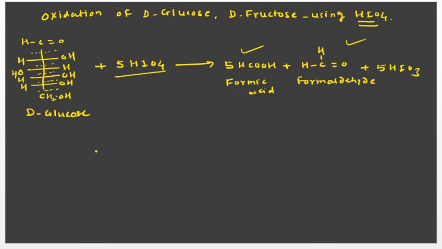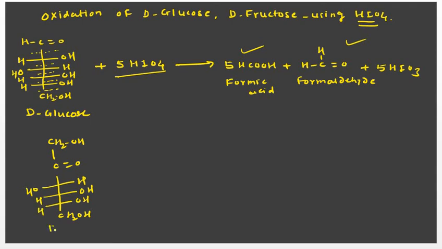Similarly, if we take D-fructose, I will draw here the structure of D-fructose, CH2OH, C double bond O, CH2OH, in between, you know, there are 3 carbons.